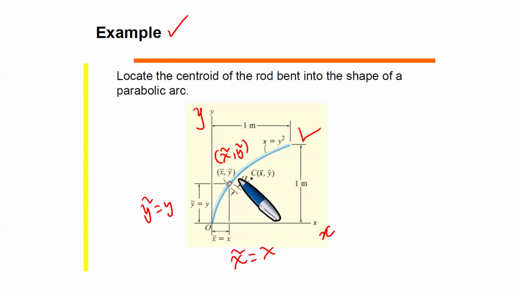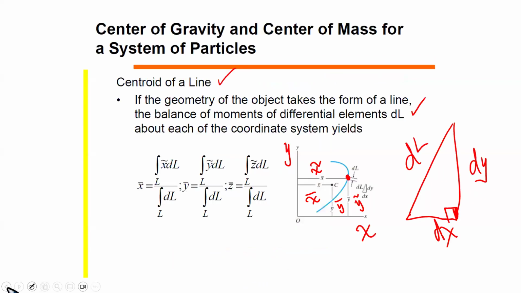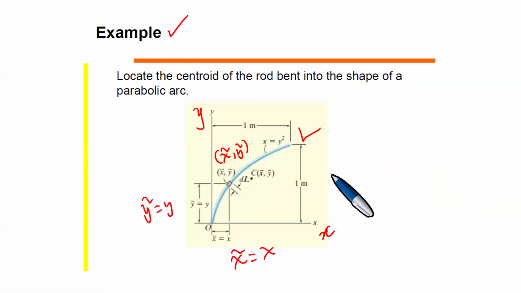Now, there's something very important. The actual centroid of the wire, because we mentioned that the centroid of a line is actually of interest, and we use these particular formulas using the integral. So the actual centroid of the rod can therefore be determined.